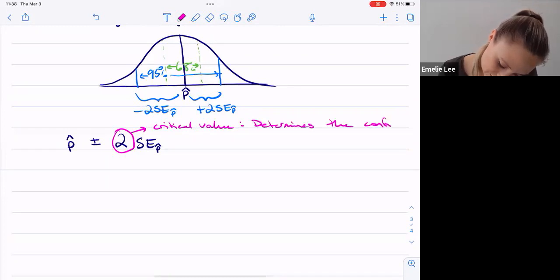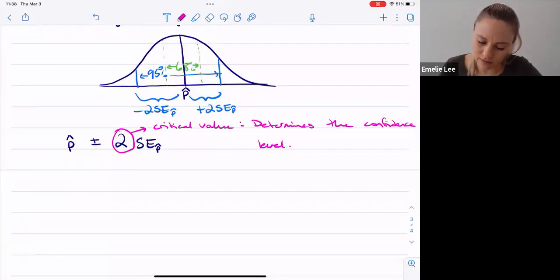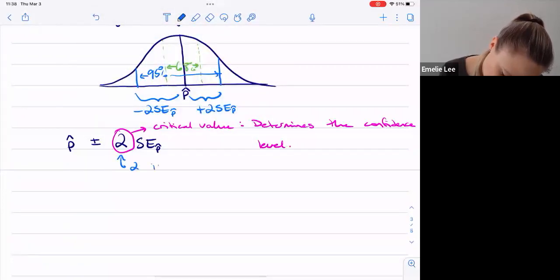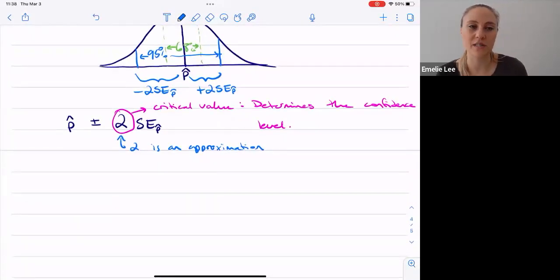If we wanted to be particular, and we do, then what we're going to use instead of 2 is 1.96. So 2 is an approximation for a 95% confidence interval.